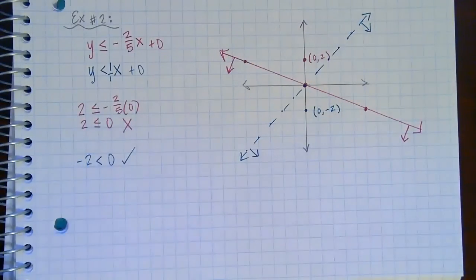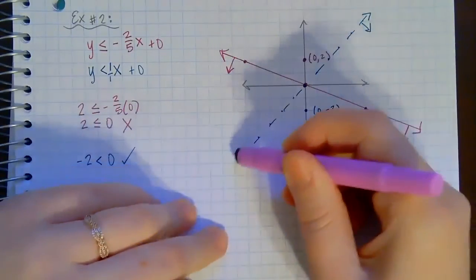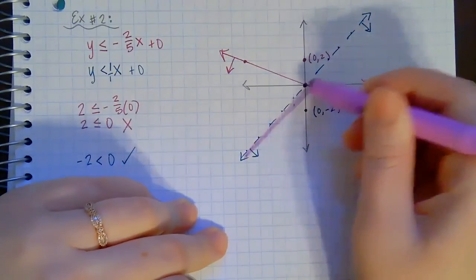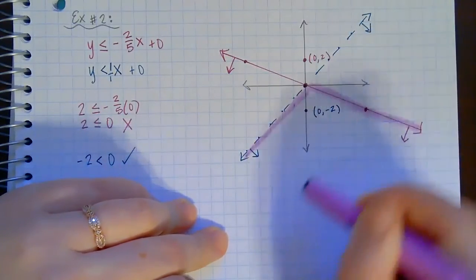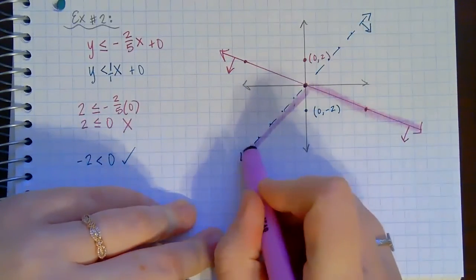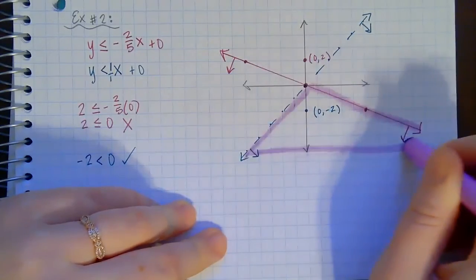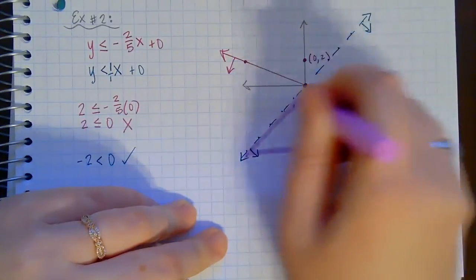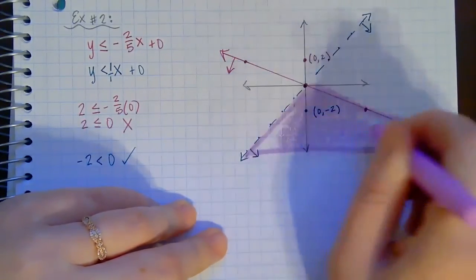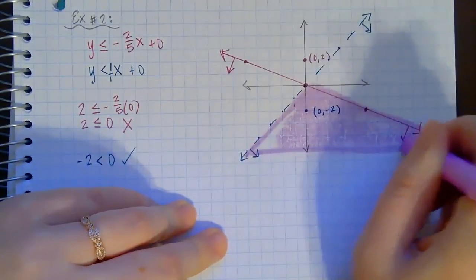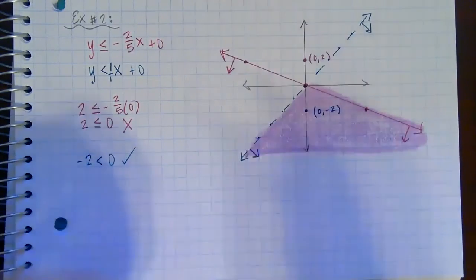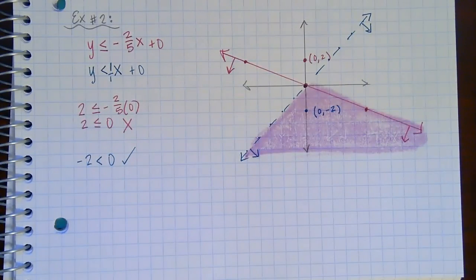So that's going to be my region right there where my solution is. So right in here, it's like always kind of like a triangular region. This is going to be my solution region. And there is my final graph.